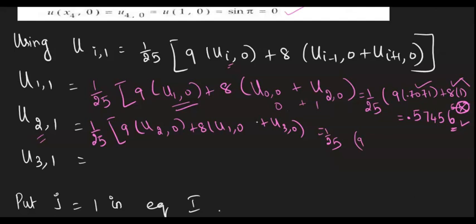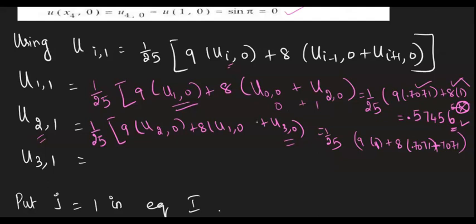You have to just substitute these values, plus 8 into, what is u of 1 comma 0? 0.7071, and the second term, 3 comma 0, is also 0.7071. So I will write this as plus, and then you have to calculate this value.